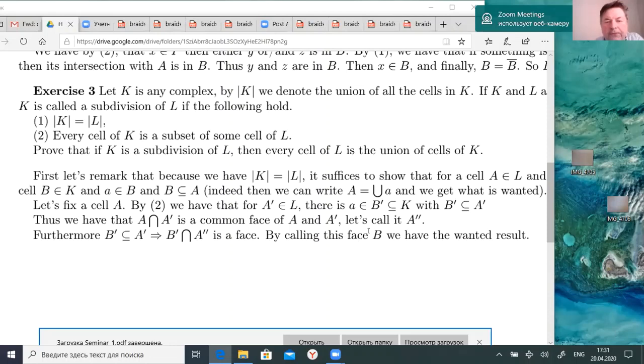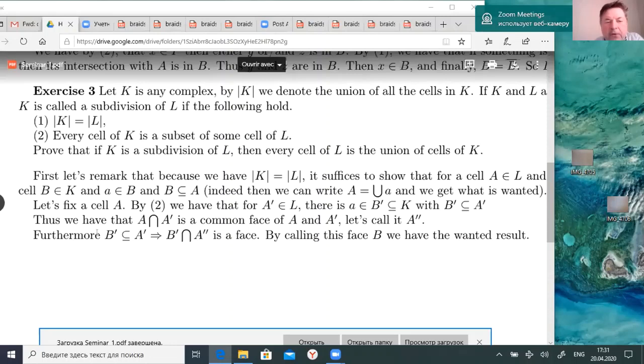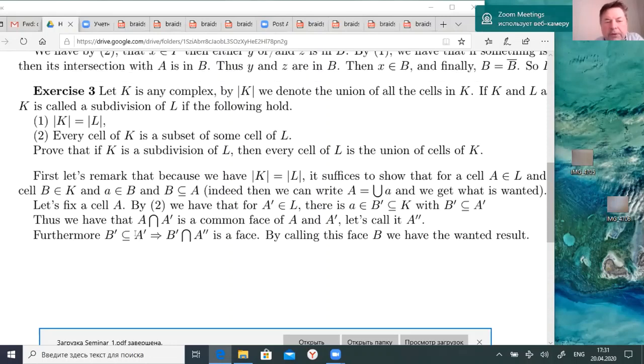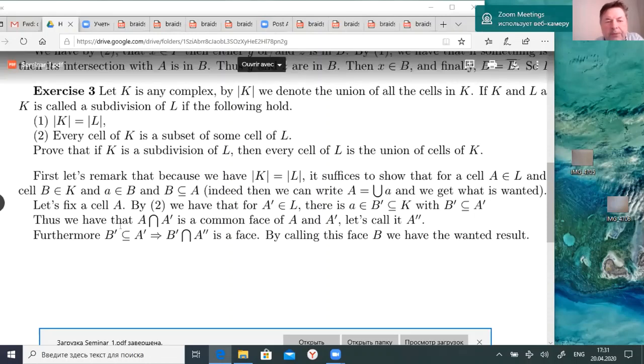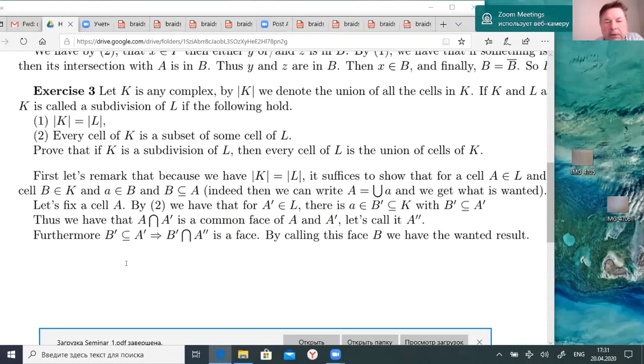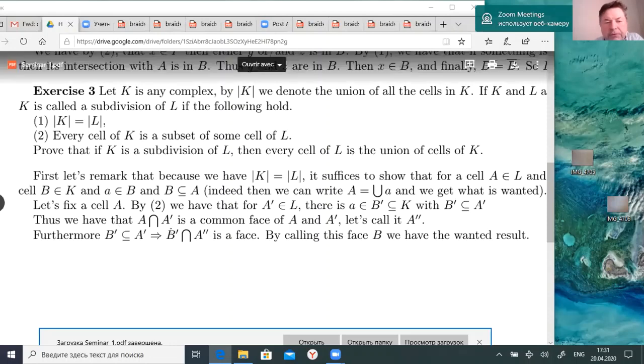So if I baptize this cell as B, I already have this inclusion. You really write this: B prime is in A prime, but B prime is also in A. So this is just okay.